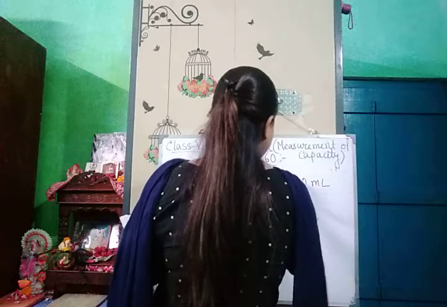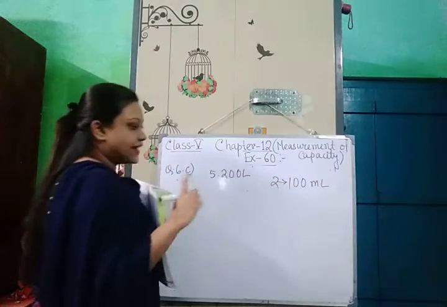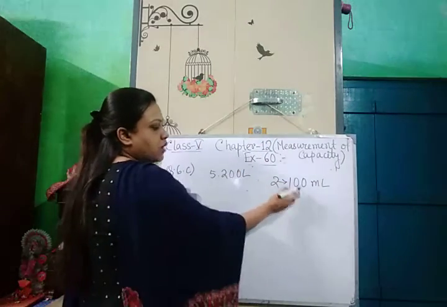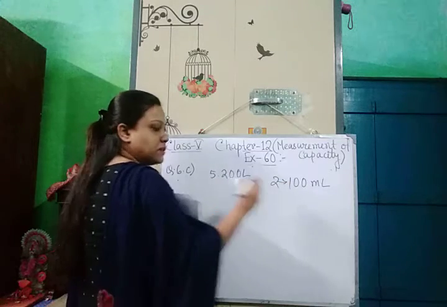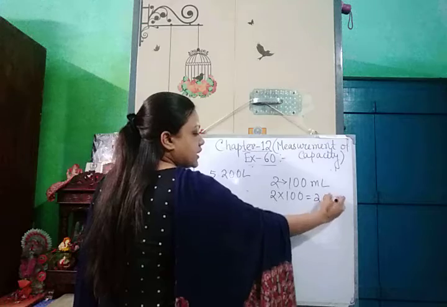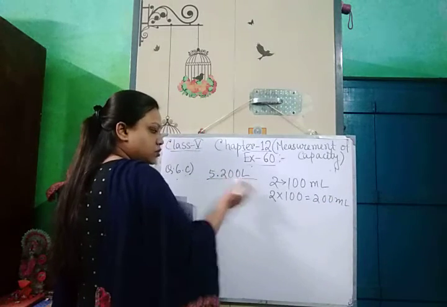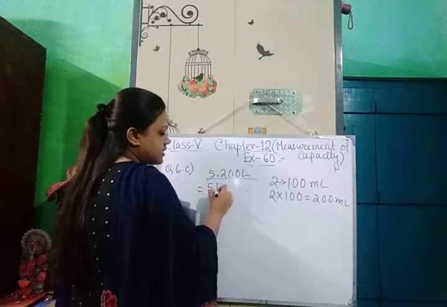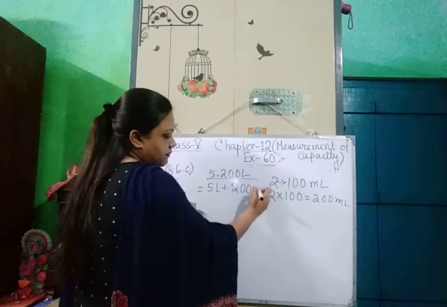So you can see one container can measure 100 ml, so two containers will measure 2 into 100 ml, that means 200 ml. So 5.200 liter we can write as 5 liter plus 200 ml.